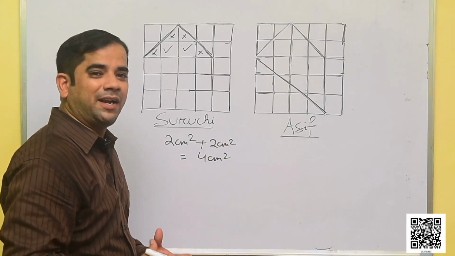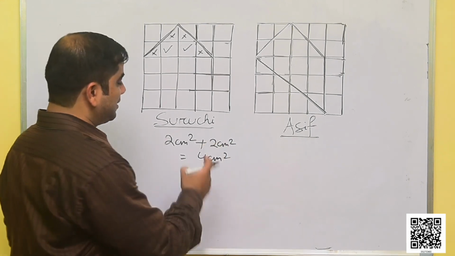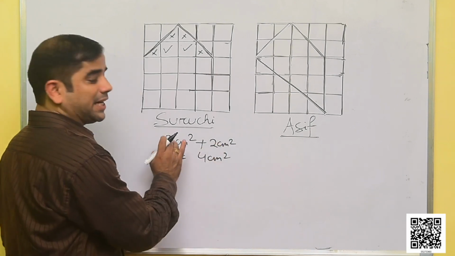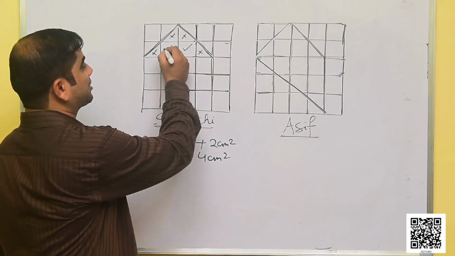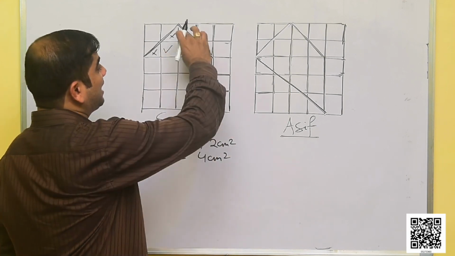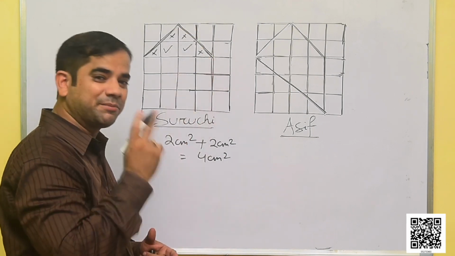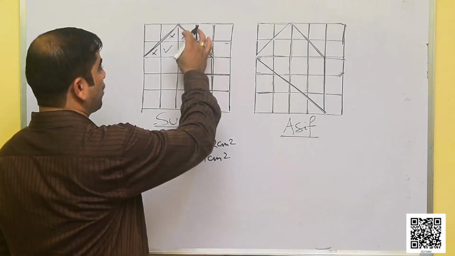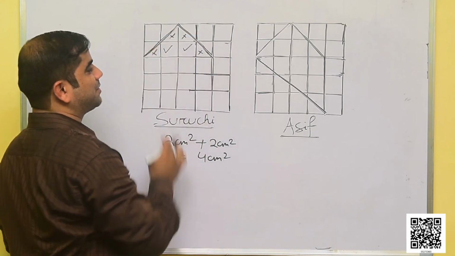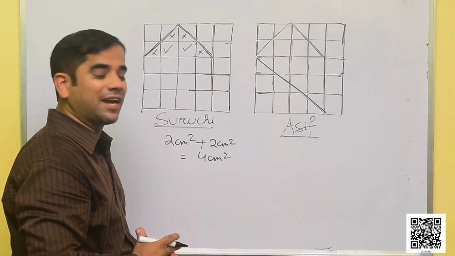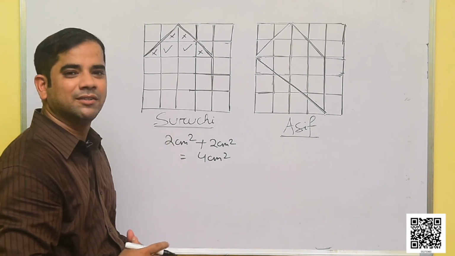A question might be in your mind: how come this 2 centimeter square is added to 2 centimeter square? Because 2 centimeter square is for the full squares, and if we add 4 half squares, it gives us 2 centimeter square. So total area covered by this triangle is 4 centimeter square.